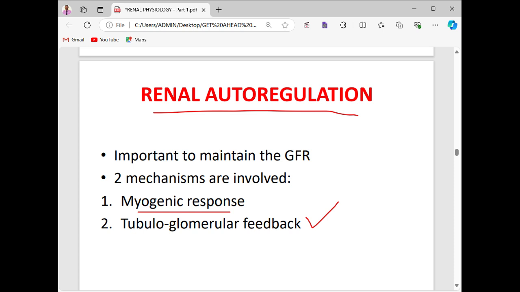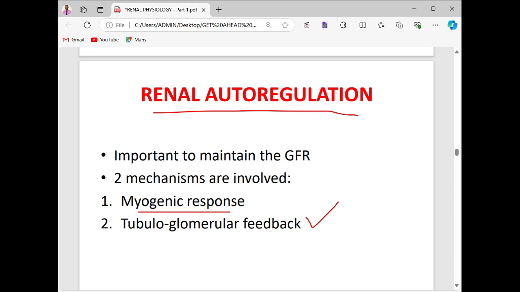When we have a reduction in the ECF volume, renin will be secreted. When sympathetic activity increases, renin will be secreted. And when we have a decrease in the load of sodium and chloride ions in the macula densa, renin will be secreted.